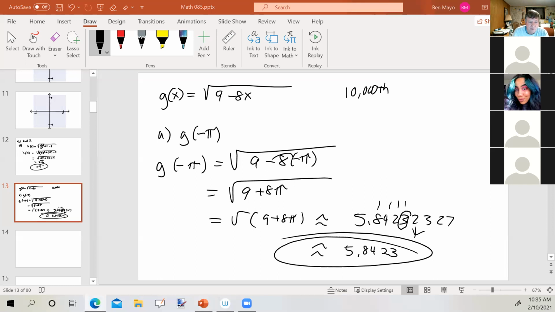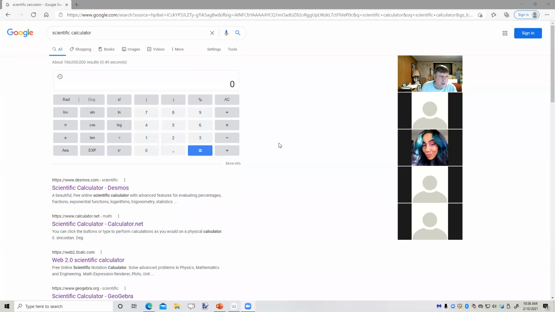Okay, tell you what, let's do this. I'm going to see what I can find here. Scientific. Here we go. Okay, so just as an example, I just typed in scientific calculator and this one came up. And you see right here, there's a pi button.